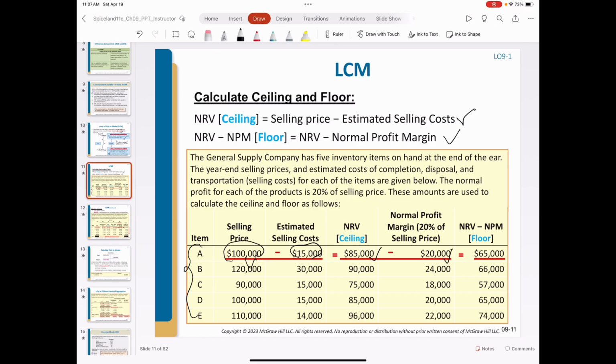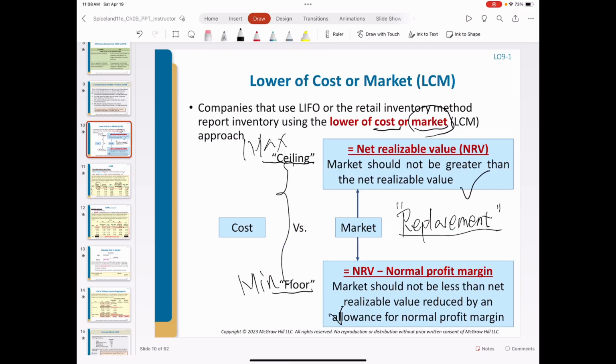So NRV subtract normal profit margin is 65. So here you should be careful. This is 20% of selling price. Don't multiply NRV. It is 20% of the selling price. We keep doing this for the rest of the items. B, C, D, E, we have the ceiling of each and the floor of each. Those are the two inputs of LCM.